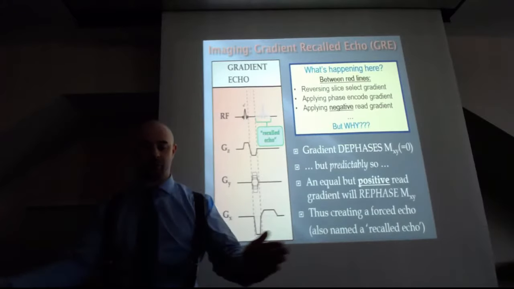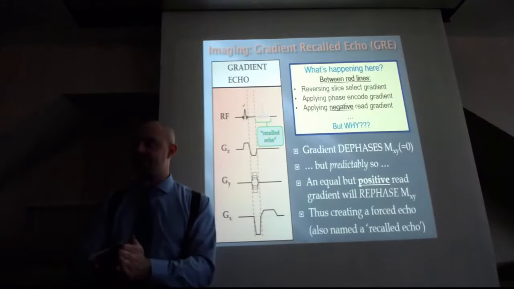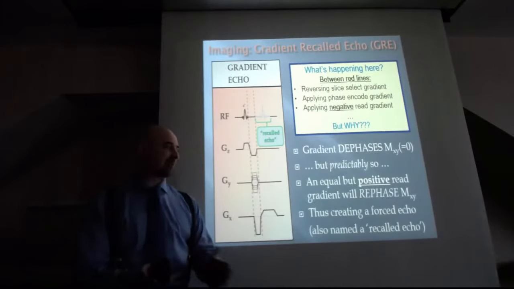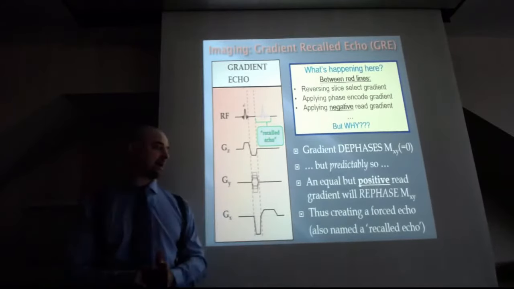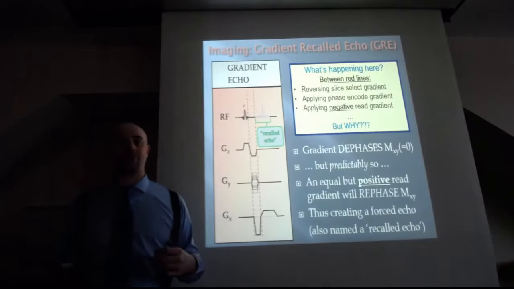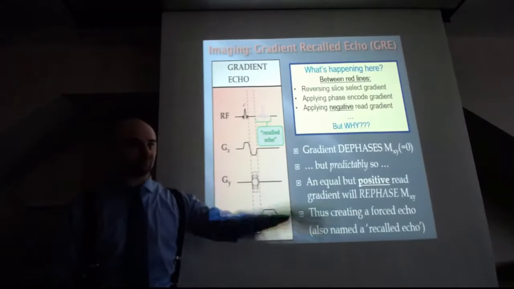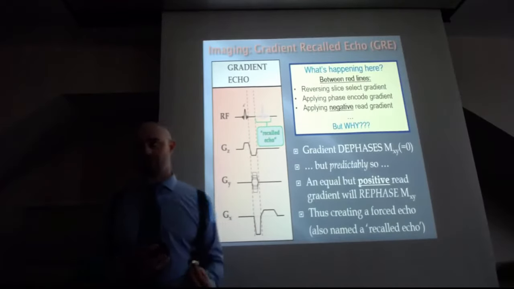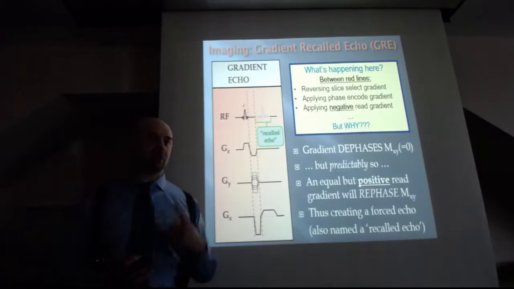And then when you turn that gradient on, they rephase by themselves. That process of rephasing is what forces the echo. The forced echo is also called the recalled echo from back when it was first talked about, and that's where the name GRE comes from, gradient recalled echo. Any questions on that?